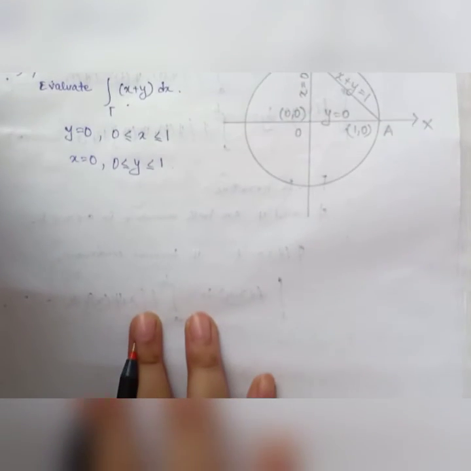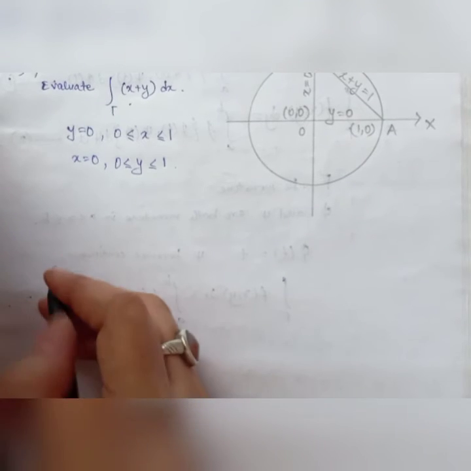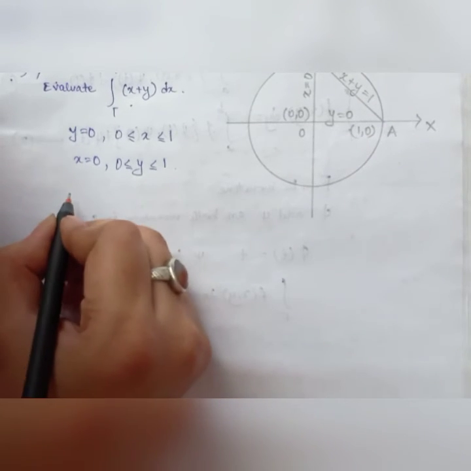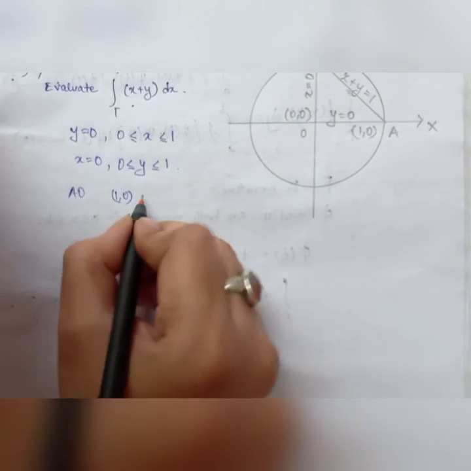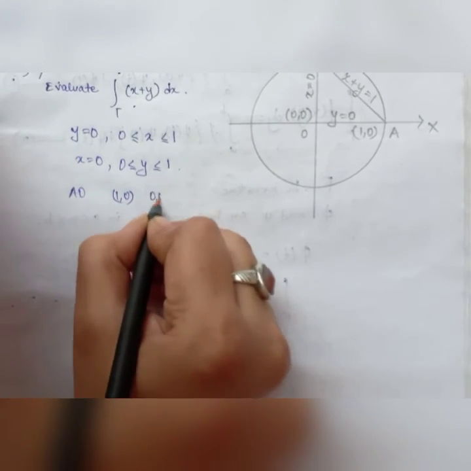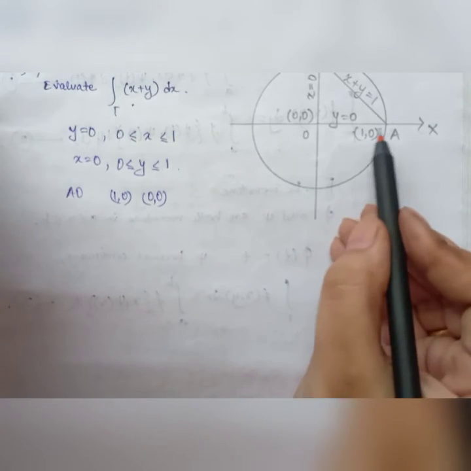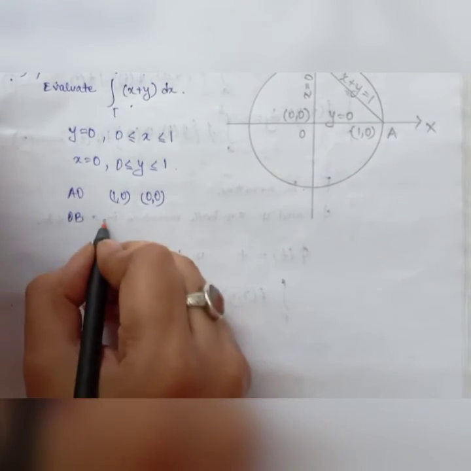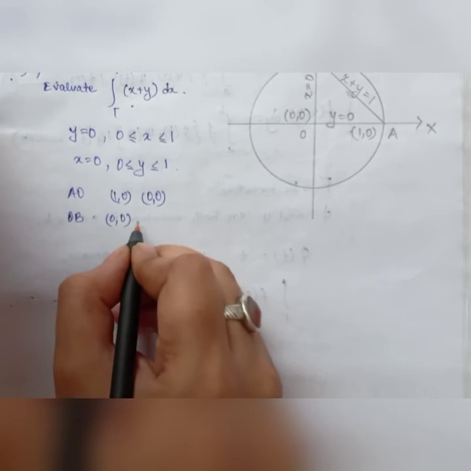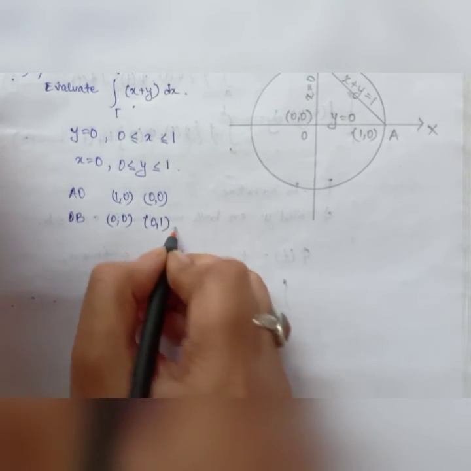So how do we solve this? Here the integration is along two broken lines, which is AO from 1 0 to 0 0, and OB, which is from 0 0 to 0 1.